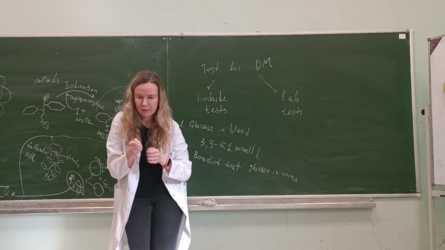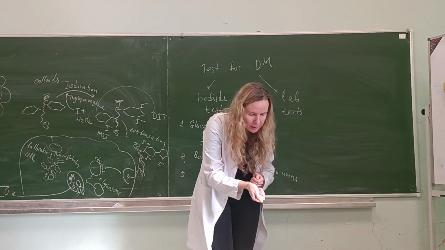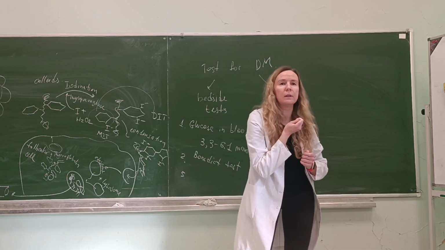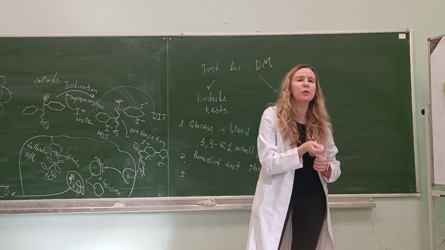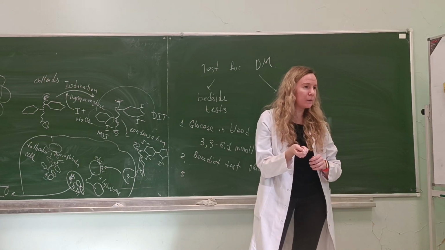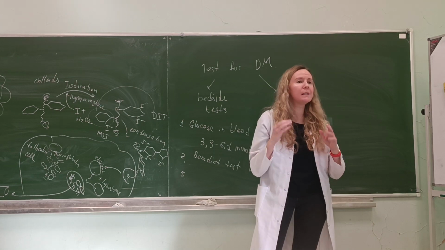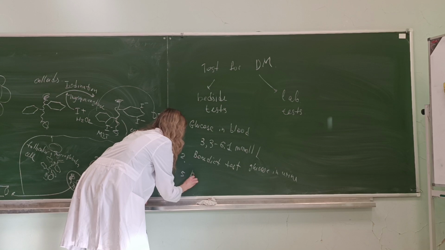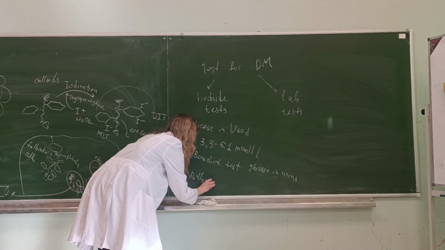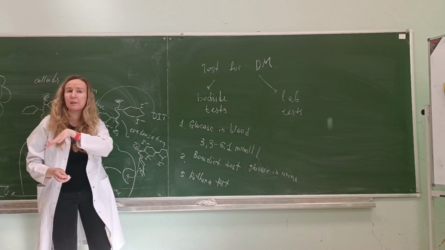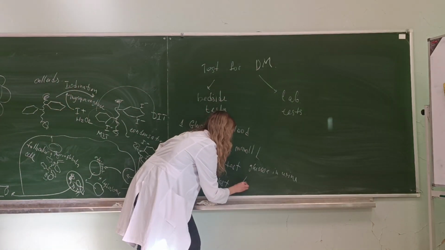The stick is green. When we put it into urine where we have glucose, the color converts to yellow. If we don't have any glucose in urine, we still have a green color. And the Rothera test. It was also written in some clinical cases. This is ketones in urine.